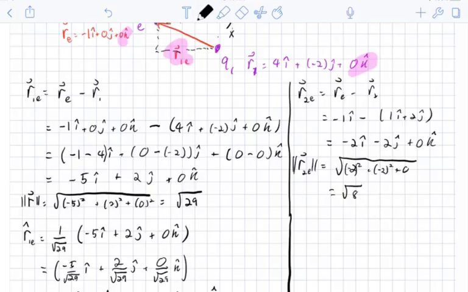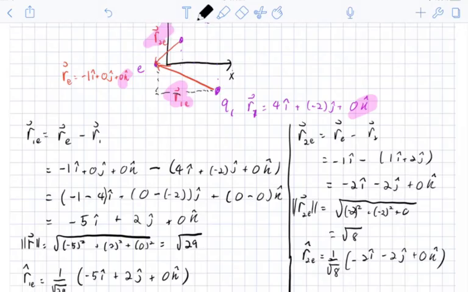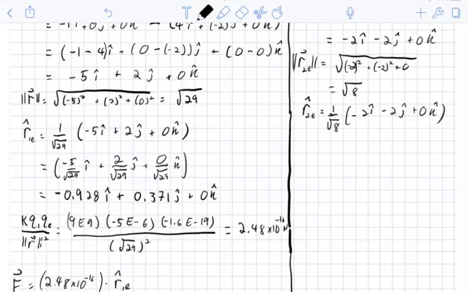So R2e, the unit vector, is going to be, I'm going to divide minus 2 i hat minus 2 j hat. Is it really minus 2 minus 2? Oh, it totally is. Okay. So this becomes minus 0.707 i hat minus 0.707 j hat plus 0 k hat.